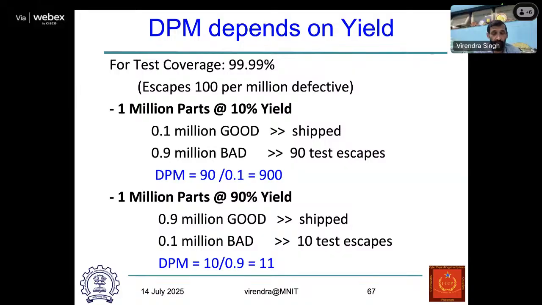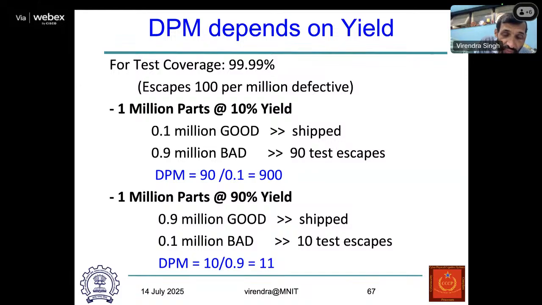These 10 chips are the defective chips, and roughly 9 lakh chips are good, so my defective parts per million shipped parts would be 10 divided by 0.9, which is about 11. So if my yield is very high, my DPPM will reduce to 11.